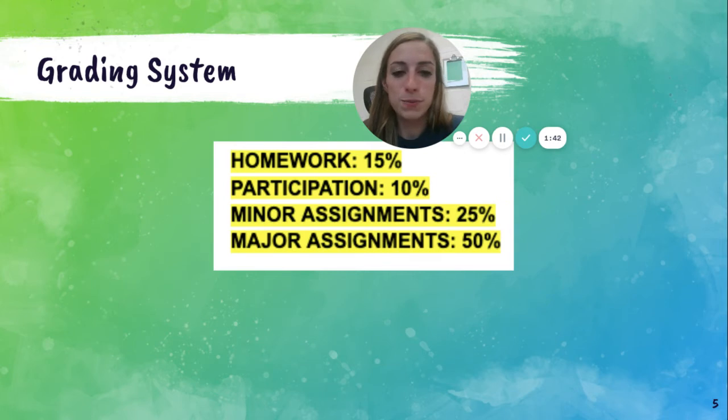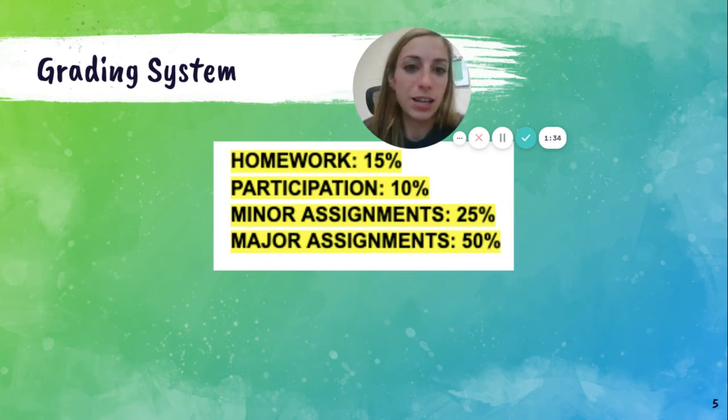So minor assignments would be something like a small project, quiz, maybe a short writing assignment, versus a major assignment being a longer test on a unit, maybe a bigger project, an essay, something to that effect. But students are always going to know ahead of time how their assignment is going to count toward their average.